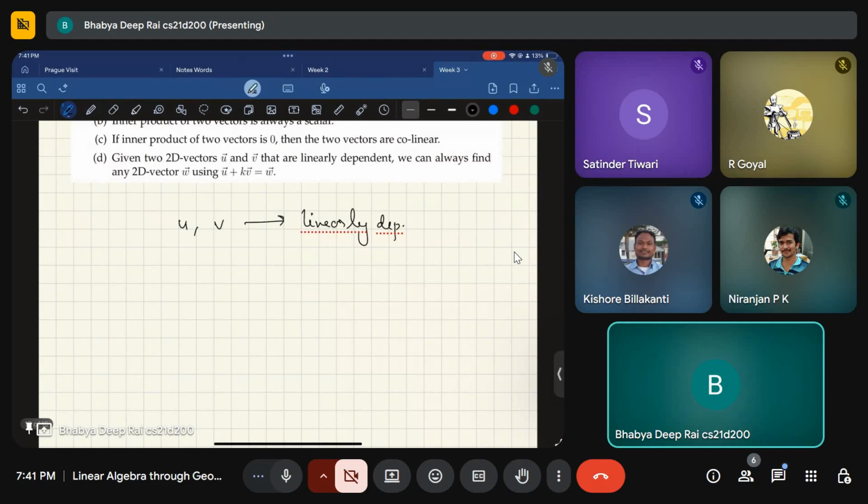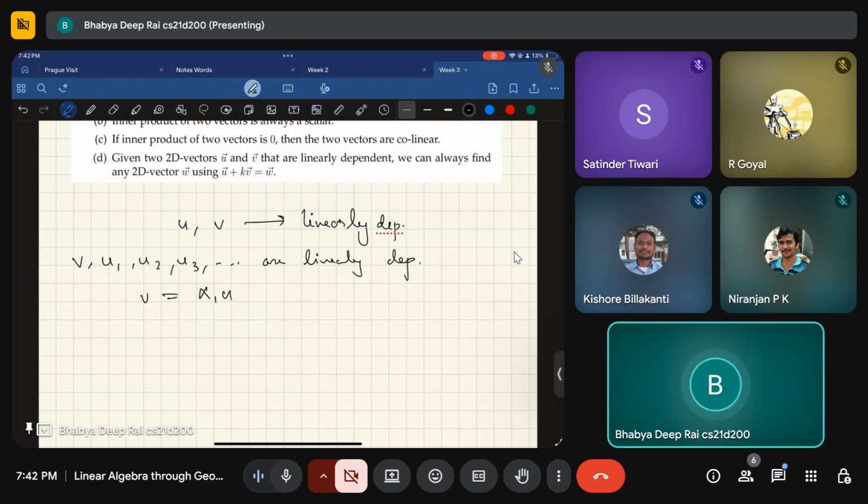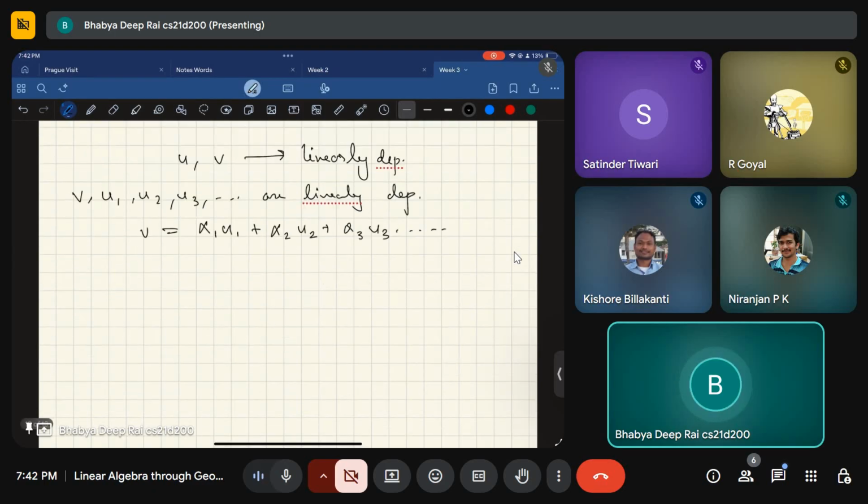If v, u1, u2 are linearly dependent, then you can write v as some alpha 1 u1 plus alpha 2 u2 plus alpha 3 u3 and so on. You can do this if they are linearly dependent. If they are linearly independent, you cannot do this unless you set everything to 0.